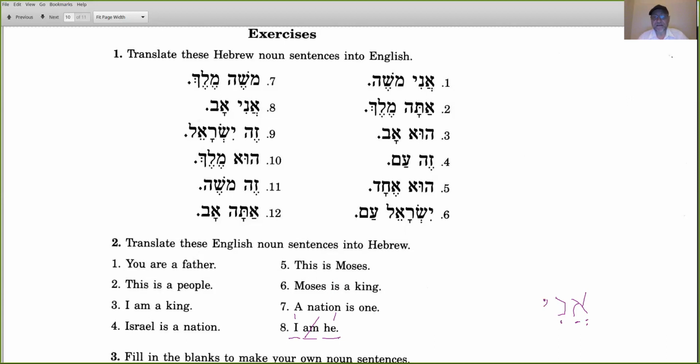And now we need the Hebrew word for he, which is this one here, hu. Okay. We've got a hey, a shurik, and an aleph. So we have ani, hu. Remember, in Hebrew, we are reading from right to left, unlike English, which is the reverse of that.